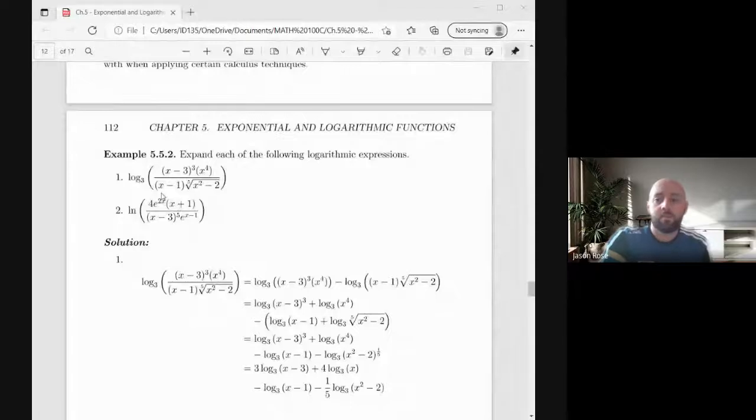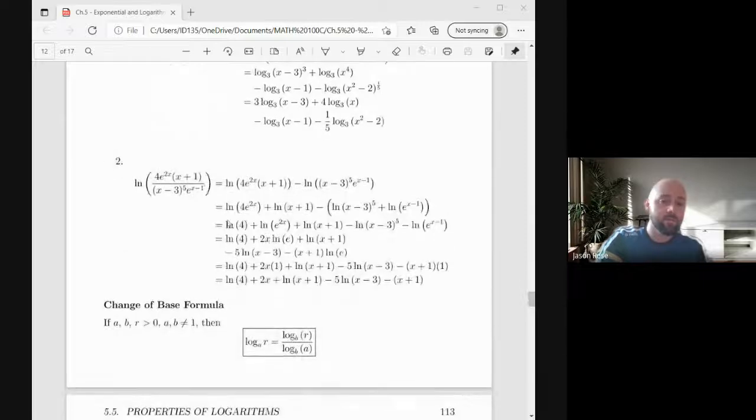You'll notice on page 112 here, the first question is basically the one that I just did, except I had the extra 3 that I highlighted. The second example here is the same, except this time you're dealing with base e, and you have a couple of e's in here that you're going to sort out.